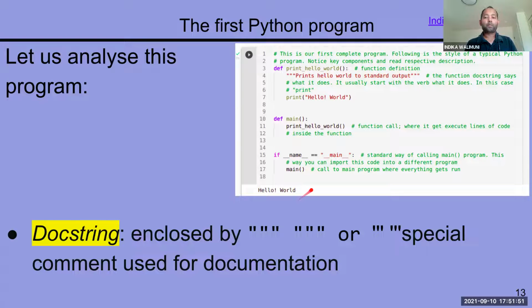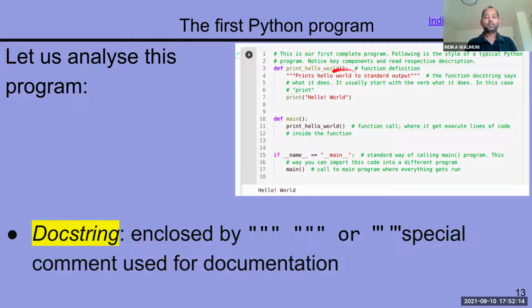We call it a docstring. It's a sort of comment used to do the documentation inside a function or in a program. The docstring should start with the verb that the function does. In this case, prints hello world to standard output.